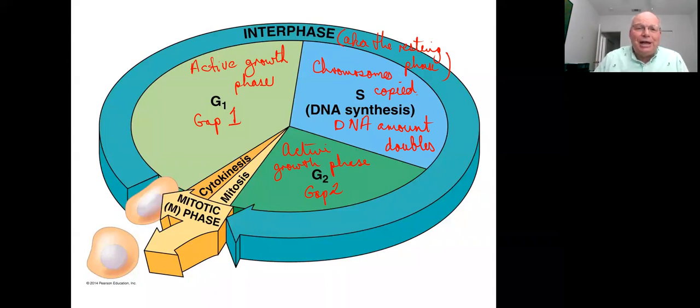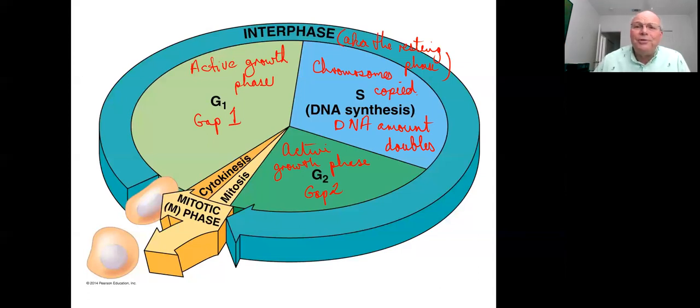Basically, this is the cell starting to increase in size again and starting to increase its internal contents after getting through cell division, because it's got to replace all of the material that was divided up amongst the 2 daughter cells. Now the cell's got to make up for that missing amount of material. So that's taking place during G1.